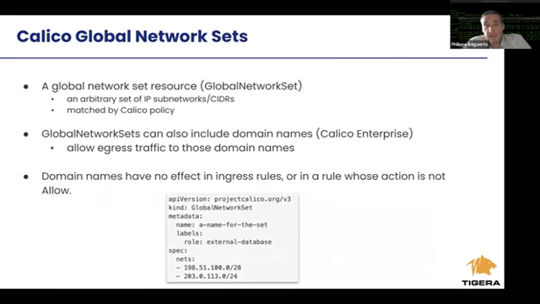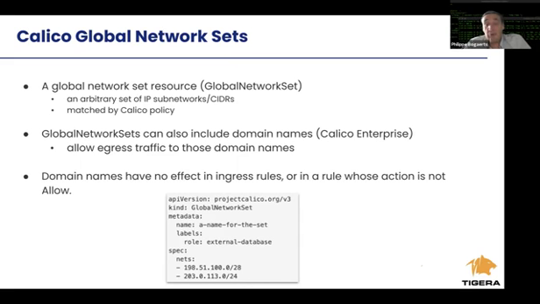Network sets can be namespaced, as is typically the case in Kubernetes, but they can also have a global nature. That means that you can create global network sets so that you can say, okay, access to these and these and these bad known actors, for example, is not allowed from any namespace.